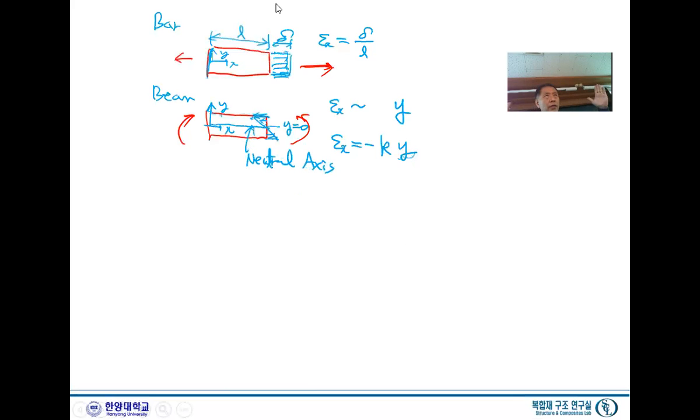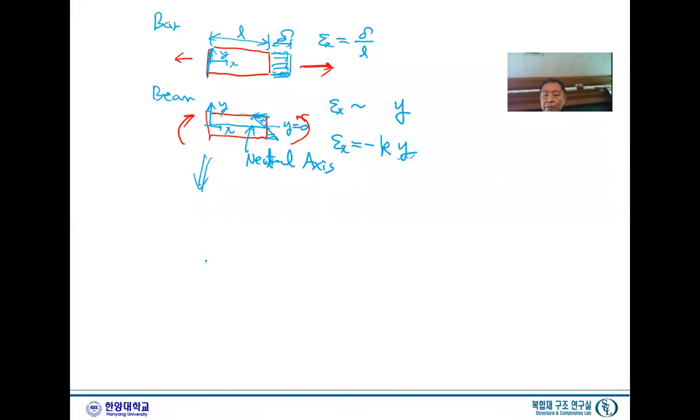They are equally expanded. But in the beam, you have this way and this neutral axis. This is the most important observation about deformations.